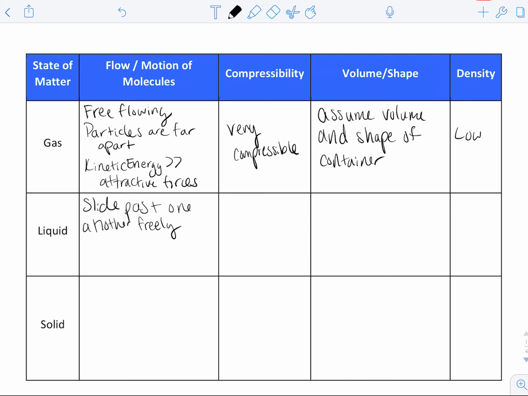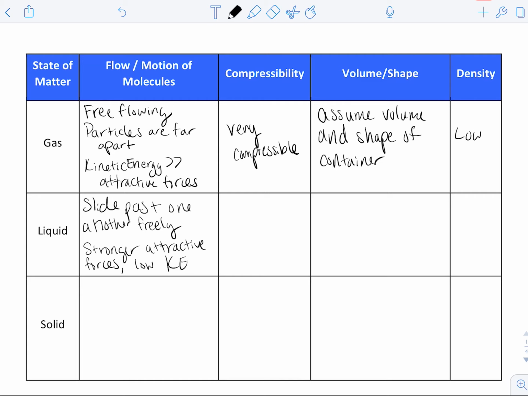We have kinetic energy and attractive forces, but we have stronger attractive forces than we have in a gas. So stronger attractive forces, keeping them close together, and lower kinetic energy. I'm just going to put KE for kinetic energy because I'm being lazy.